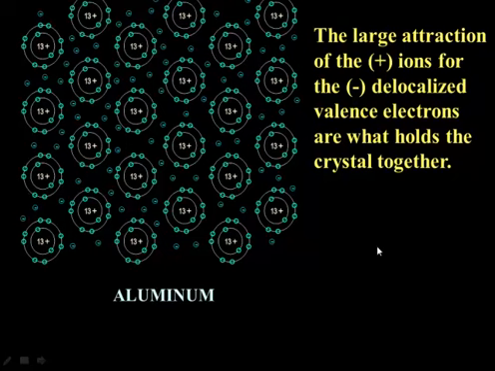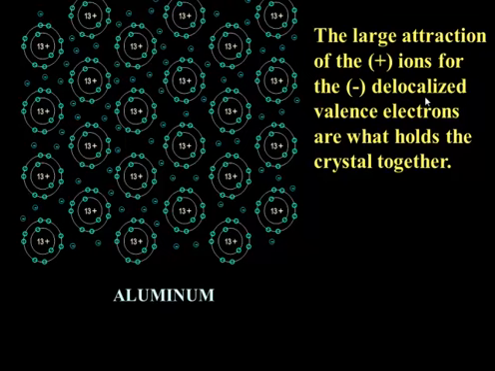What holds the metal together is the very strong electrostatic attraction between the positively charged metallic ions and what we call the delocalized valence electrons. Delocalized means not localized; they have the ability to move freely around, sometimes referred to as free-moving electrons. This is still a very strong electrostatic attraction.